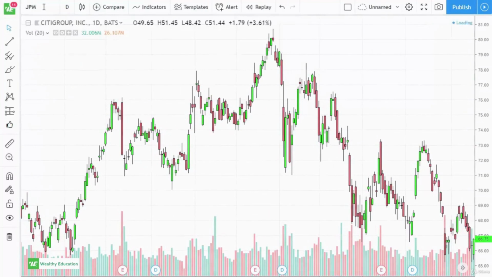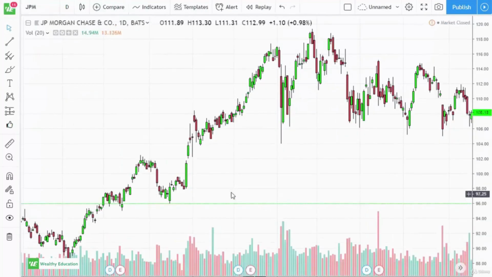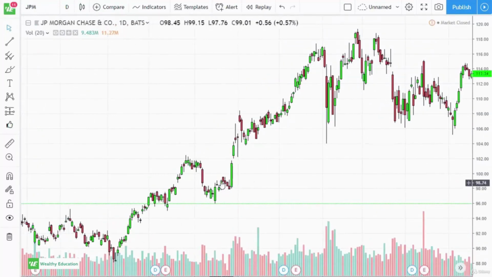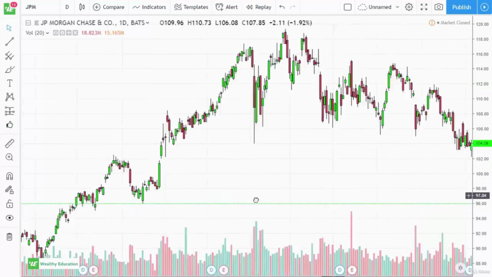Let's go to JP Morgan, and you can see that this really bullish candlestick here wiped out 3 or 4 days of negativity ahead of it in one massive move and what would have been a slightly positive trend anyway. So that makes sense that we would go higher.